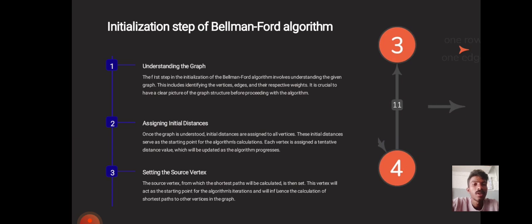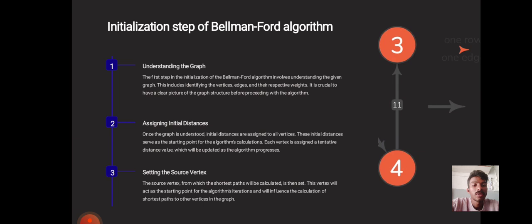Initialization steps of the Bellman-Ford algorithm. Understanding the graph. The first step in the initialization of the Bellman-Ford algorithm involves understanding the graph. This includes identifying the vertices, edges, and their weights.